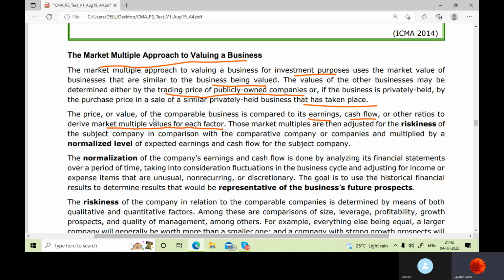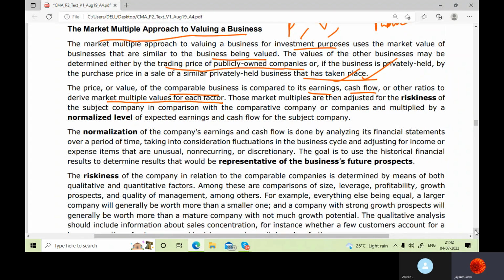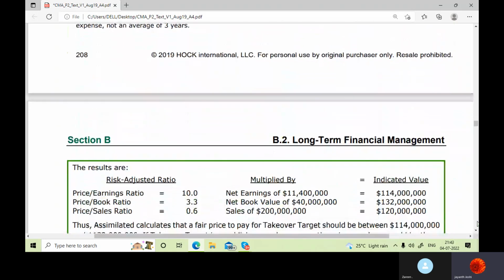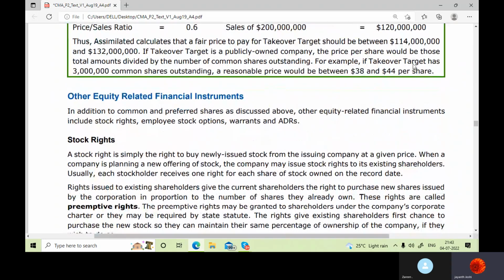So to find out the value of a business, we will take a public company, which is called a comparable business, and compare its price to its earnings, cash flow, or other ratios. Instead of this, let's understand how to find it out. No need to worry, we will take this example and try to find out the value of a business. Okay.